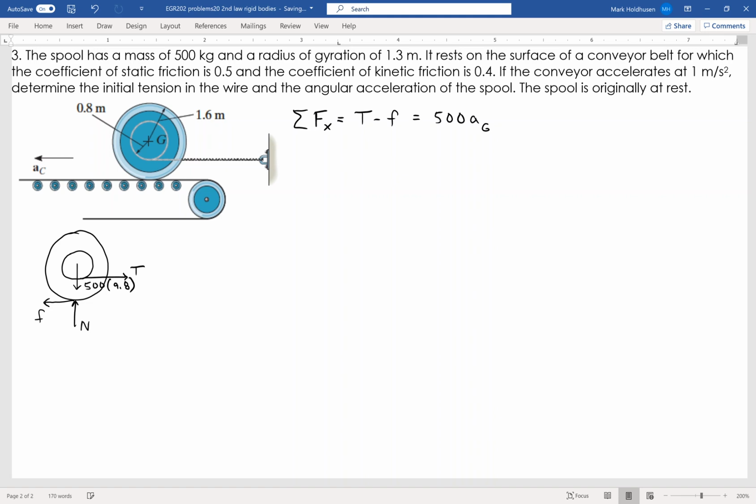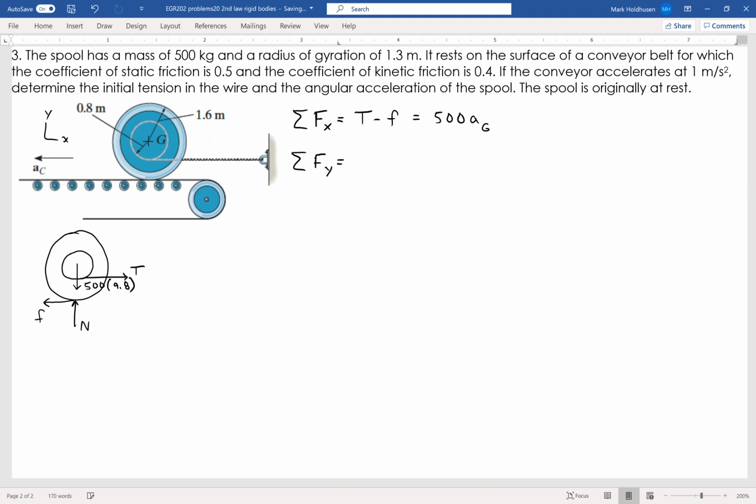And again, I'm going to play it stupid, say I don't know what direction the acceleration is in. We'll assume positive. It could perhaps go either way depending on what happens here, so we'll find out. We'll just assume positive, right? Because again, x and y axes will be like that.